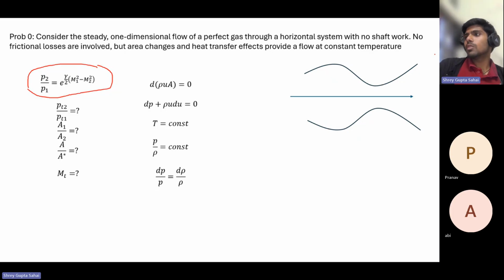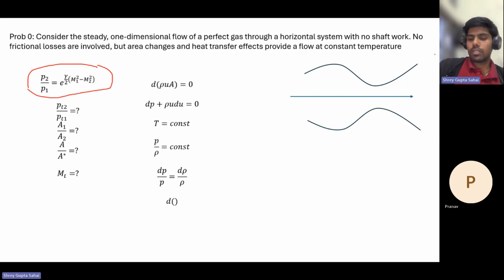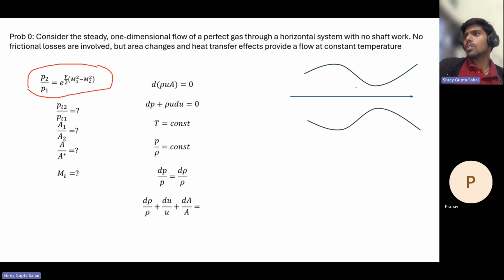So now what we can do is, d of rho u by rho u plus dA by A is 0. Let's start substituting things there.